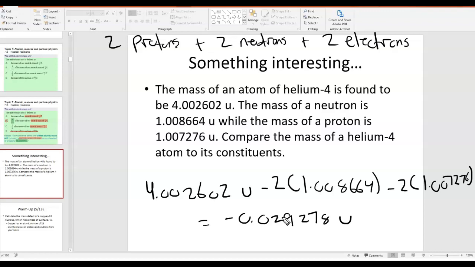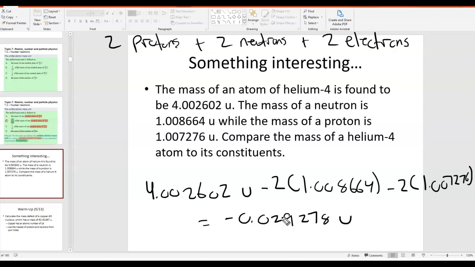Now notice that this value is negative, meaning that 2 protons and 2 neutrons actually have more mass than the atom of helium-4 that has 2 protons and 2 neutrons. In other words, if you take 2 protons and 2 neutrons, weigh them, then wrap them up inside a nucleus, you somehow lose weight in the process of turning those 4 particles into a nucleus.